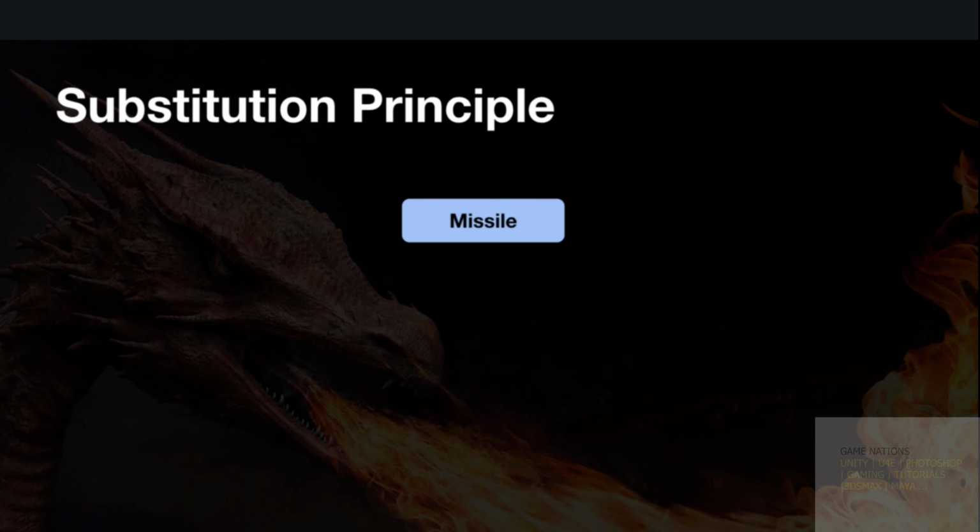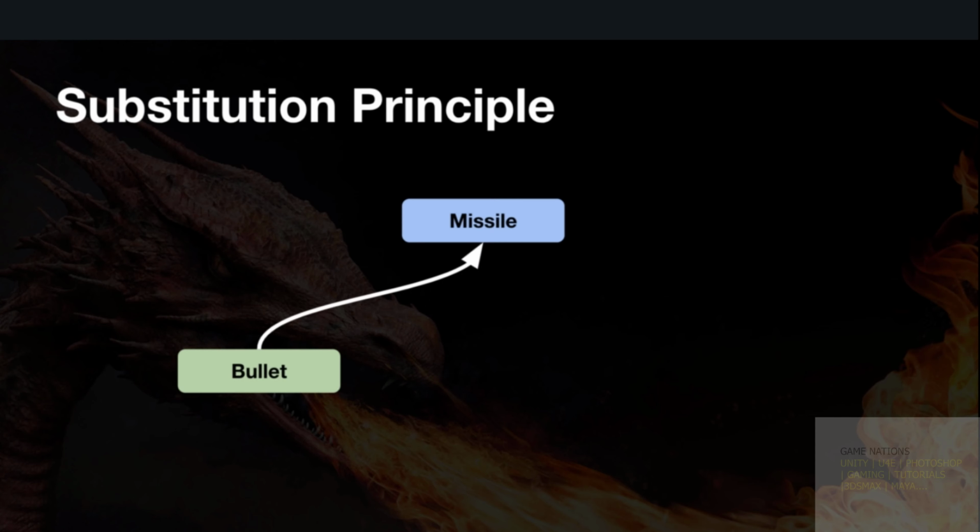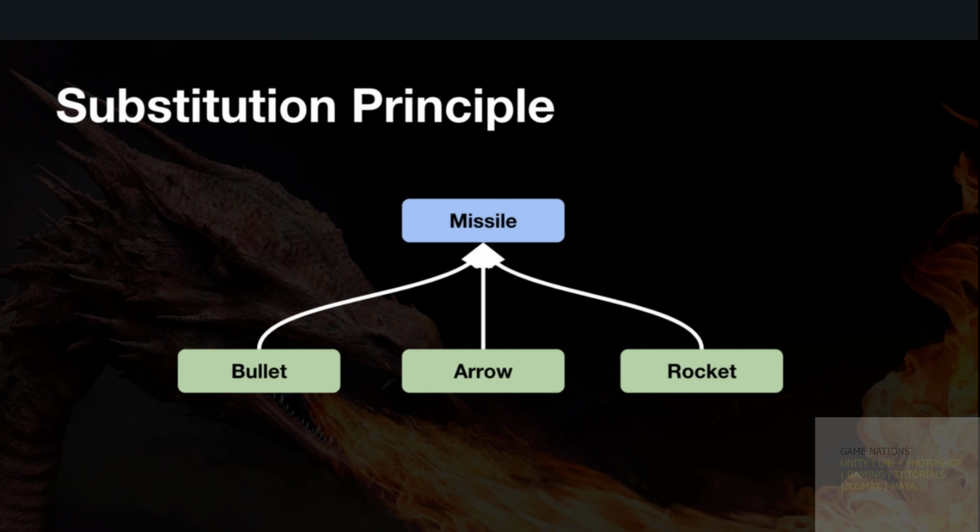For example, say we had a missile class, and a missile class is something that can be pointed in a direction and launched, right? So if my bullet derives from missile, then it must be able to be pointed in a direction and launched. You can say that's true of arrow, you can say it's true of rocket. If all these things derive from missile, then they must be able to be pointed in a direction and launched.